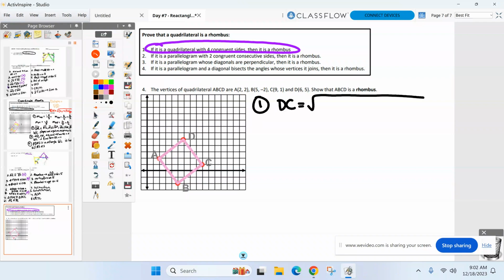Underneath, I show the x's being subtracted and the y's. So x's are what? 9 and 6. 9 minus 6 all squared plus the y subtracted. 1 minus 5 all squared. And I don't feel bad that you have to do all 4 of them because that's it right here.